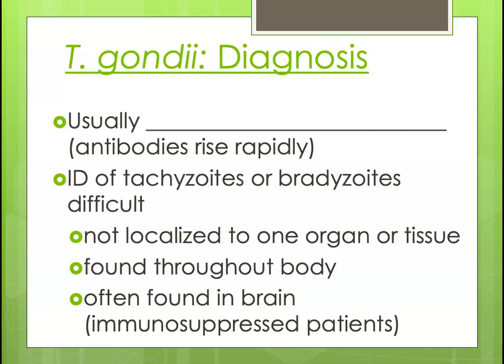The diagnosis for this parasite is unique because it is 100% serologically diagnosed. The way we diagnose Toxoplasma is by collecting serum and testing for antibodies, testing for a rising titer in IgM antibodies to Toxoplasma.